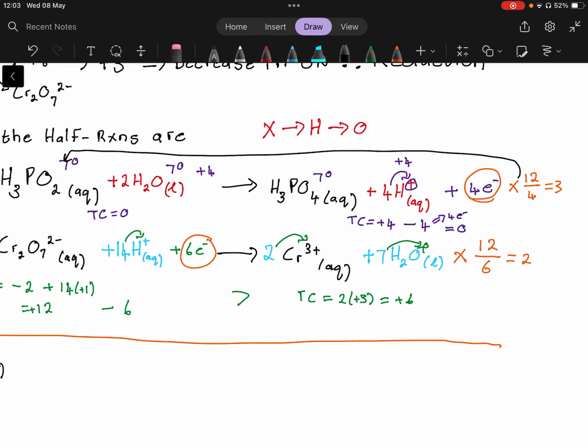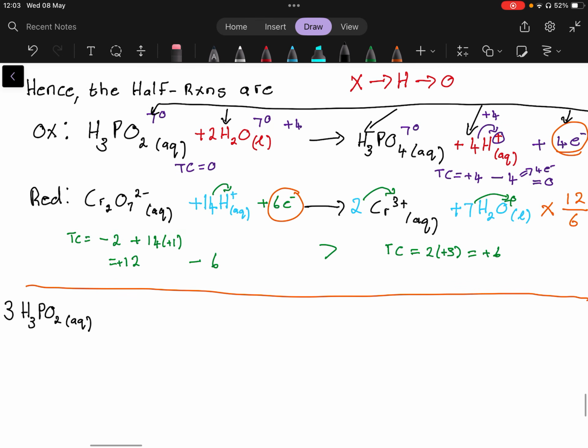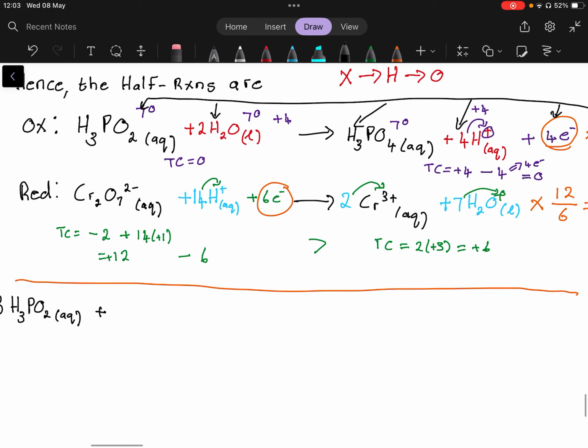So this 3 is multiplying each of the stoichiometric coefficients. So each of these numbers will be multiplied by 3, each of them. Okay, so that's 3H3PO2 aqueous phase plus, so we have 2 times 3, water, so it's going to be 6 water. It's in the liquid phase, and there's nothing else on the reagent side.